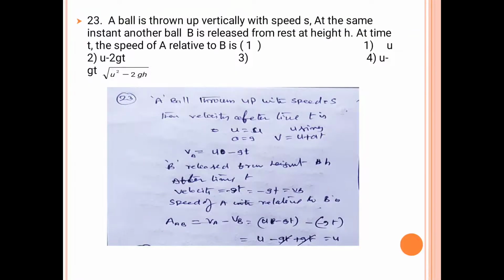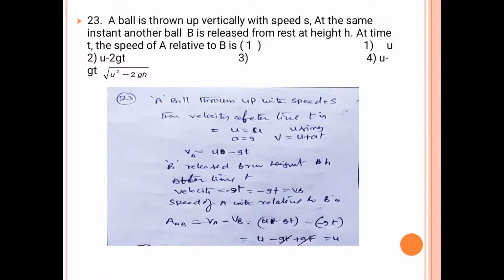Here initial velocity is equal to u, a is equal to minus g, then we have to find out VA after time t, that is equal to u minus gt, because it has been thrown upwards. B is released from the height h, after time t its velocity, u is 0, that's why its velocity will be minus gt, that is equal to Vb.